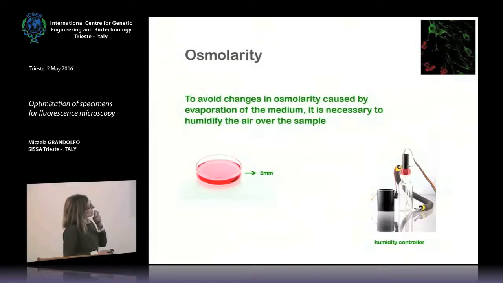Okay, osmolarity. So in general, in live cell imaging, we are using small volumes, and these small volumes can change the osmolarity over time due to evaporation, which is more severe when you are heating your sample at 37 degrees, for example.